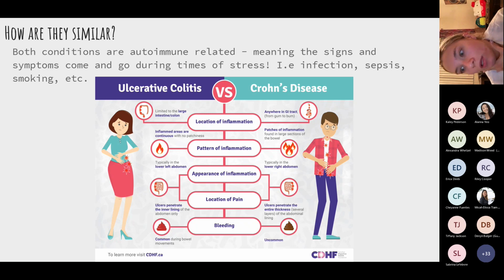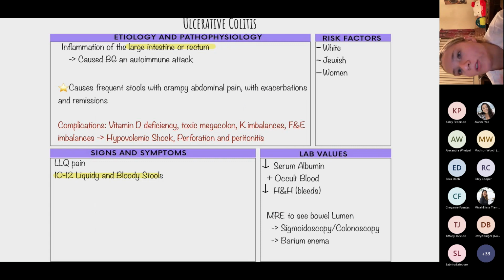So these patients have bloody stools. With Crohn's disease, I want you to think of patches. We have patches of inflammation everywhere. It's more inflammatory as opposed to ulcers, so that's why we usually will not see blood in the stool.